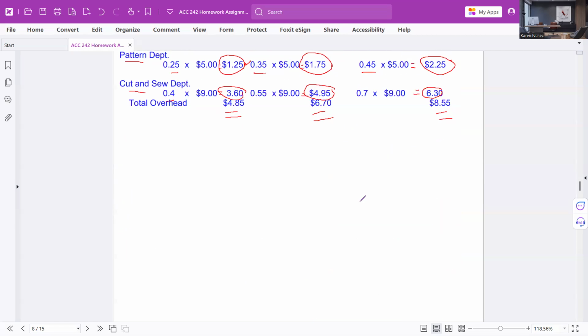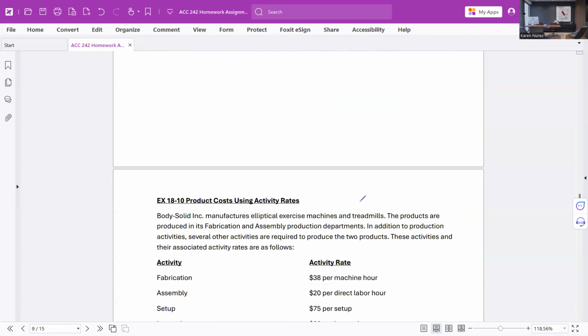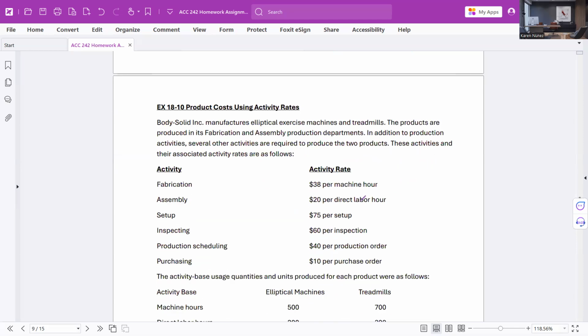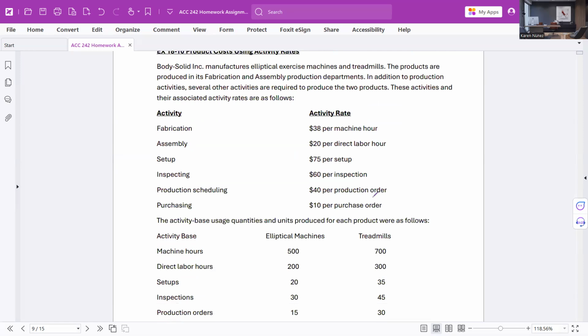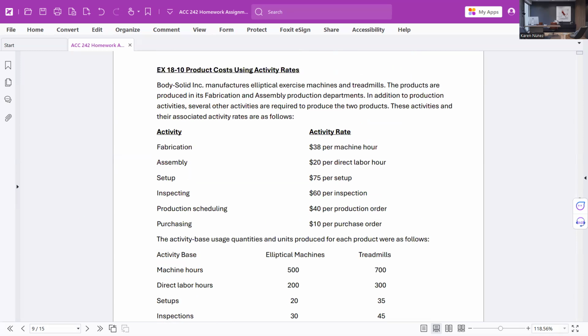Okay, let's switch gears now and go back to ABC. So with activity-based costing, in this exercise, they're going to make it a little bit easier on us in exercise 18-10. What we've got here is ABC, and they've already calculated the rates for us.